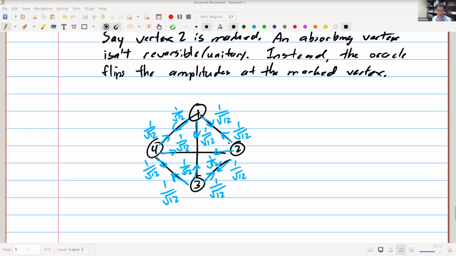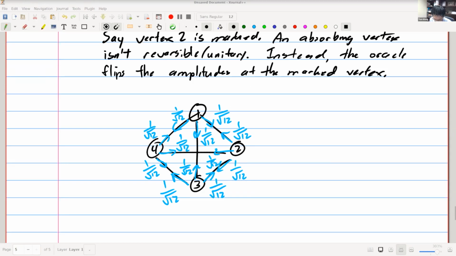A 2-dimensional coin would be something like a 1-dimensional walk on a line where you can jump to the left or to the right. Basically, you need enough directions for the number of neighbors that you have. Okay, I just answered it, and thank you for moving that question to the Q&A.